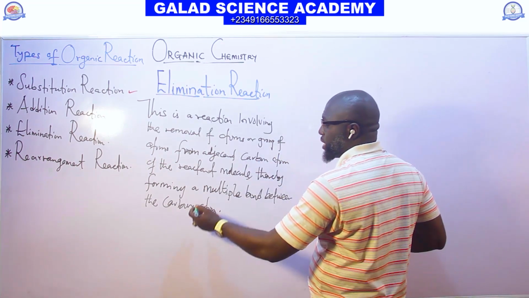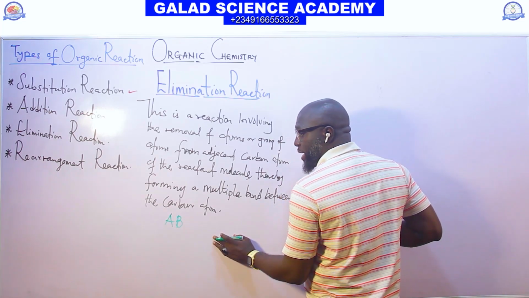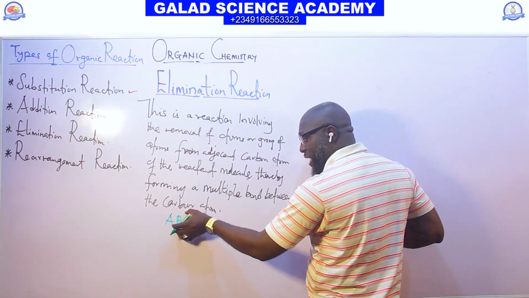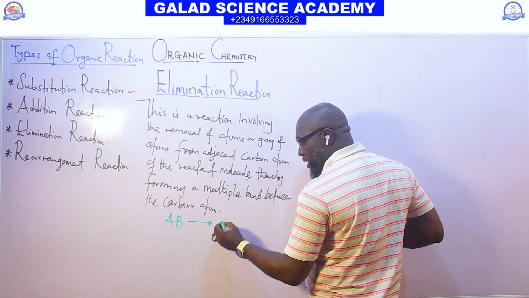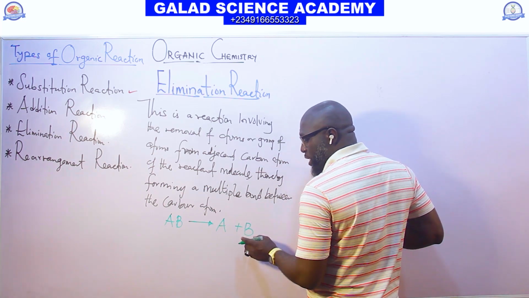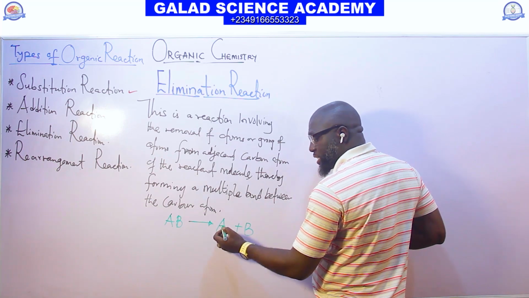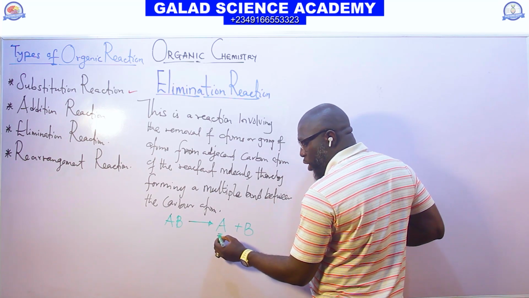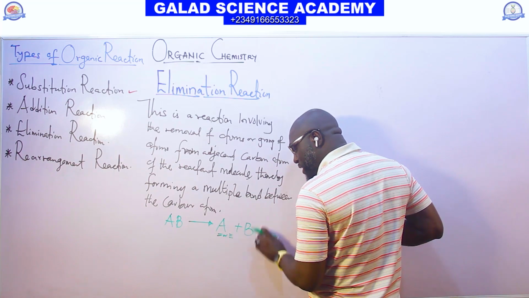At this side, we have a compound as the reactant, AB. When it gets to the product side, the A and B will separate. So we remove B from A, and this A will become a double bond or a triple bond after eliminating the B.